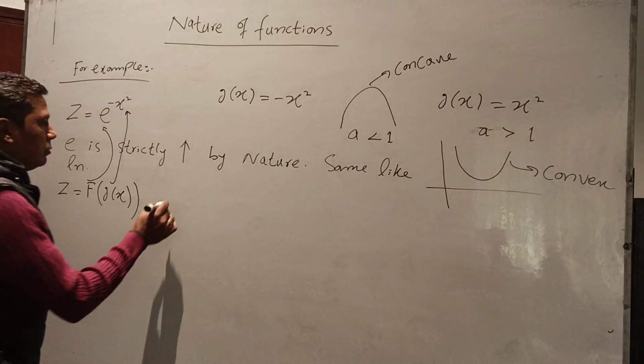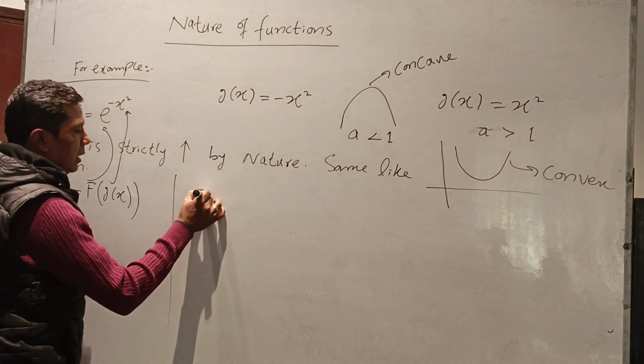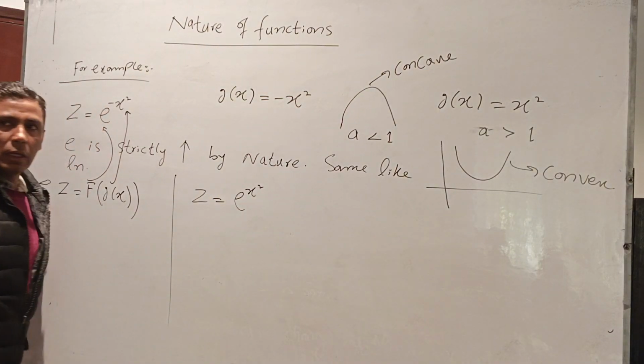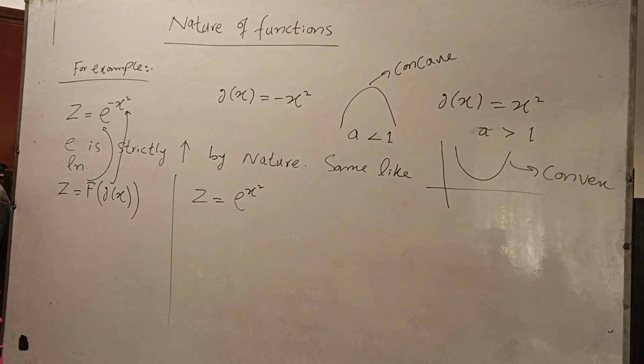Or let's say z equals to e to the power x square. Clear? So it is convex.